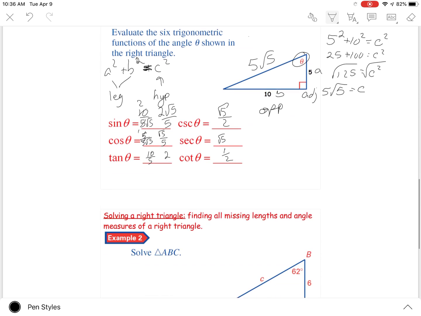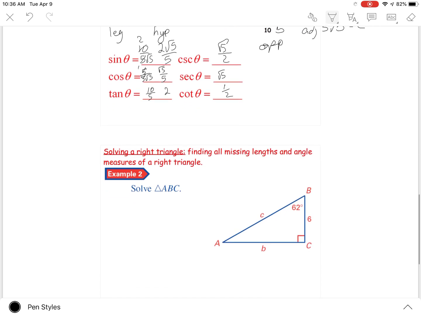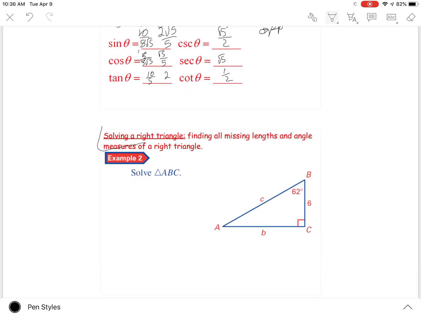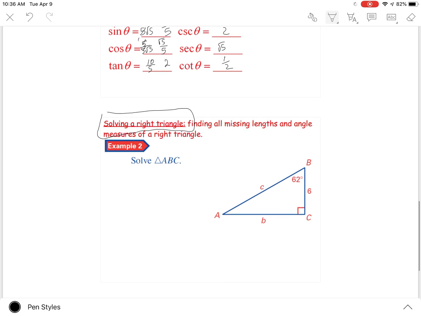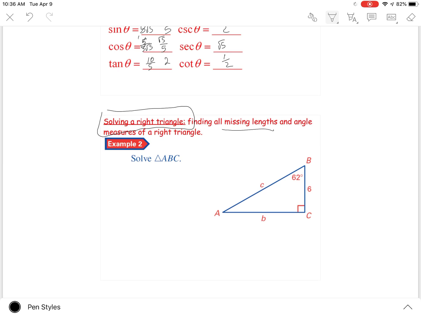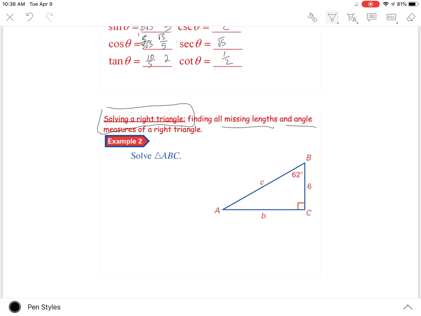Now, how the Pythagorean theorem and the angles are going to help me out is to solve a right triangle. And what that means is to find all the missing lengths and all the missing angle measurements. To find the missing sides, I'm going to go through and label that C is going to be my hypotenuse. 6 is my adjacent. B is my opposite. Opposite of what?